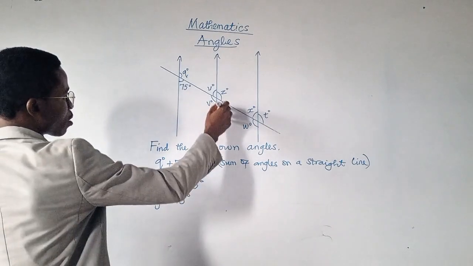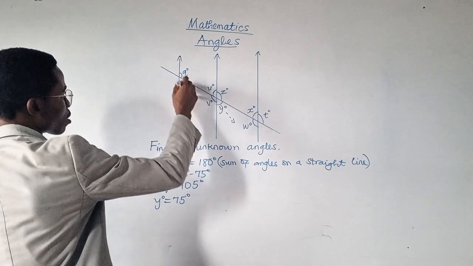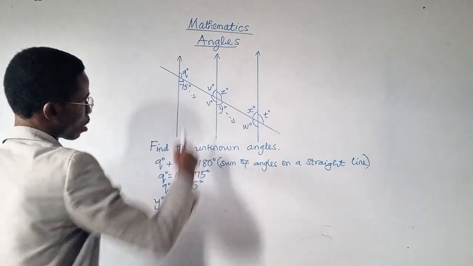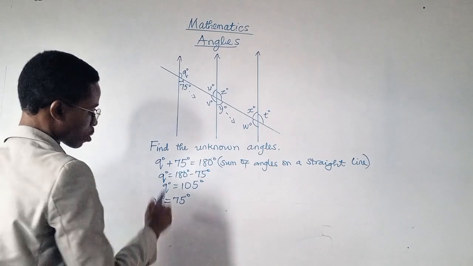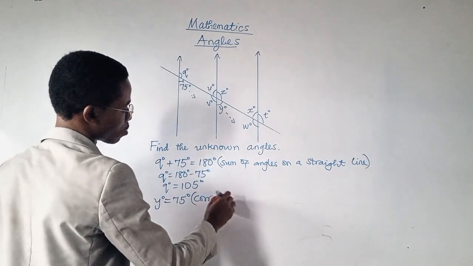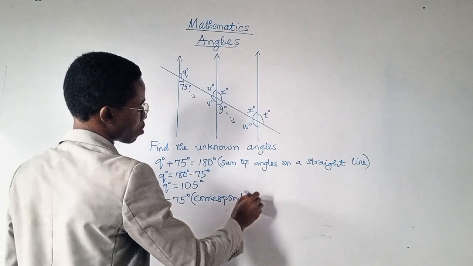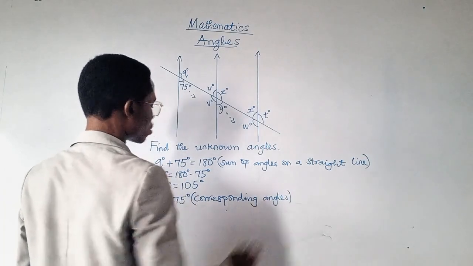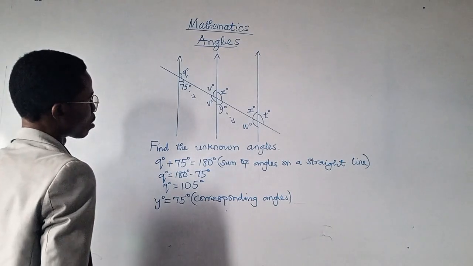If you look at Y, the direction of Y and the direction of this angle here, 75, they are facing the same direction. So they are corresponding angles. So that's about Y.